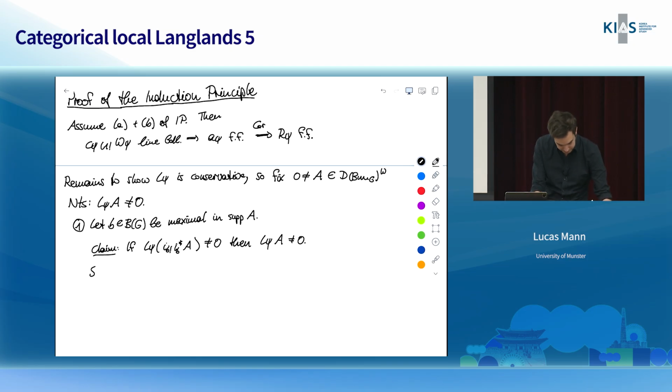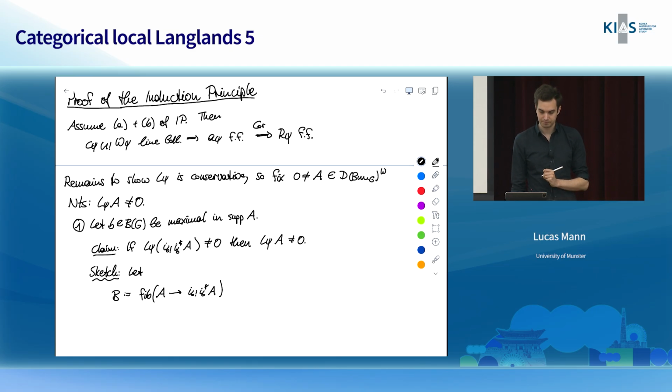So why is that? Here's the sketch. I can write down a fiber sequence. I consider the fiber of A mapping to i_B lower shriek i_B upper star A. There's such a map because B is maximal in the support.